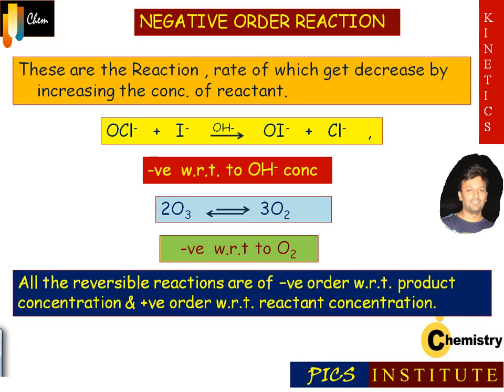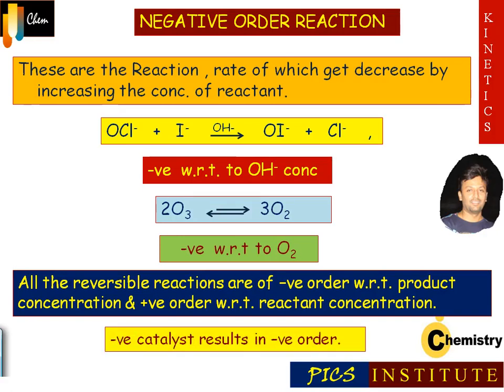So in short, we can say all the reversible reactions are negative order with respect to products concentration and positive order with respect to reactants concentration. Negative catalyst also results in negative order.